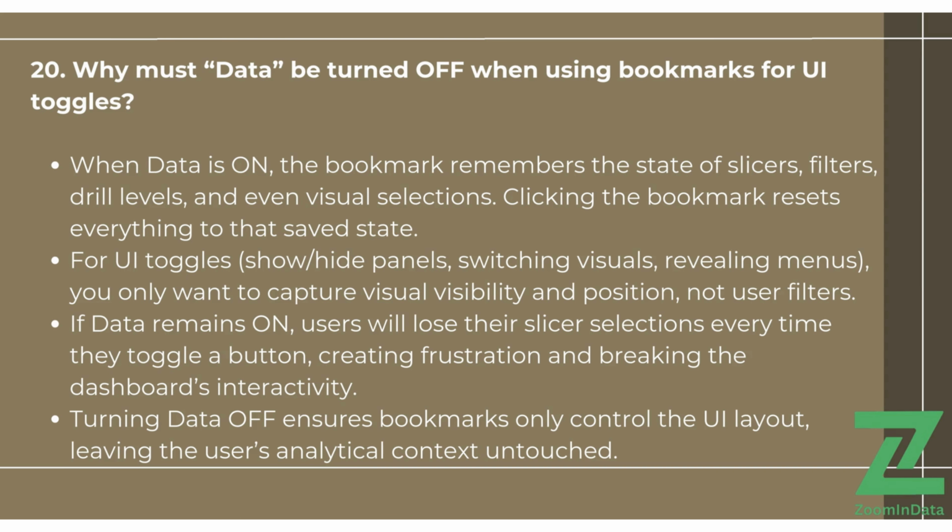For UI toggles, show, hide panels, switching visuals, revealing menus, you only want to capture visual visibility and position, not user filters. If data remains on, users will lose their slicer selections every time they toggle a button, creating frustration and breaking the dashboard's interactivity. Turning data off ensures bookmarks only control the UI layout, leaving the user's analytical context untouched.